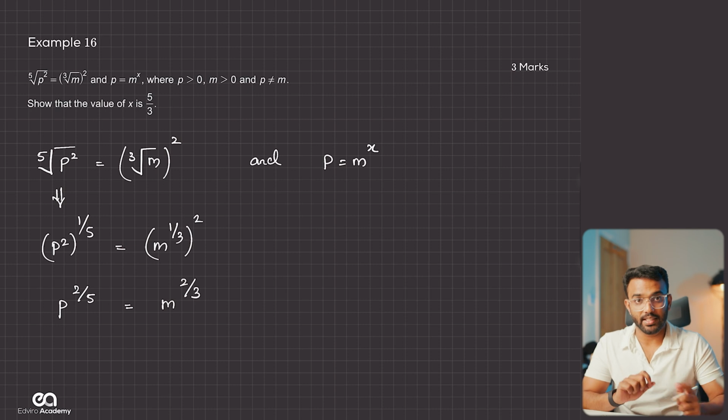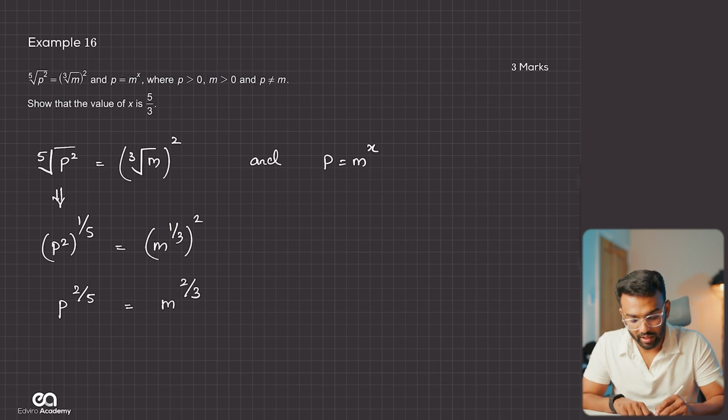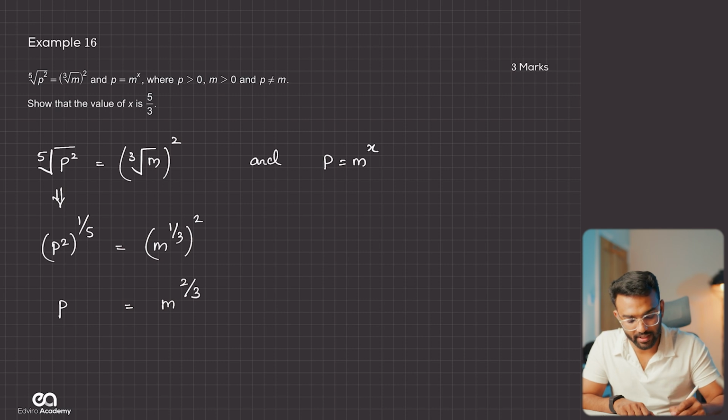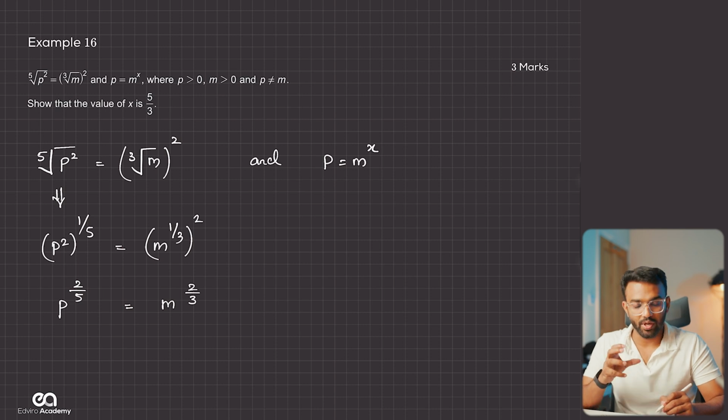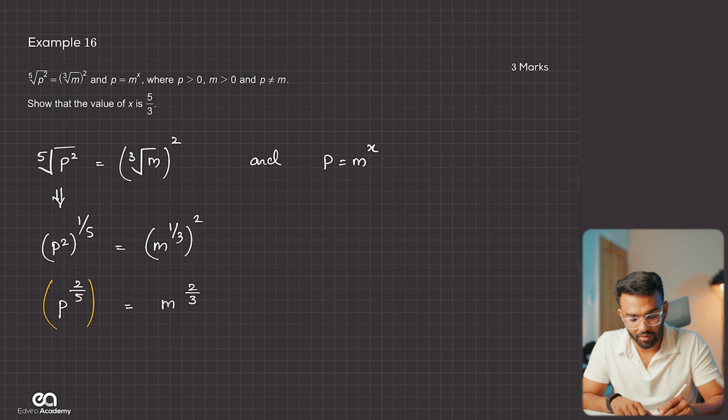What I'm going to do is the opposite operation. Let me write this down in a different format. Okay, watch this. So this is 2 by 5, and this is 2 by 5, and this is 2 by 3. So on both sides, in order to make this into a p to the power of 1, I am going to do to the power of 5.